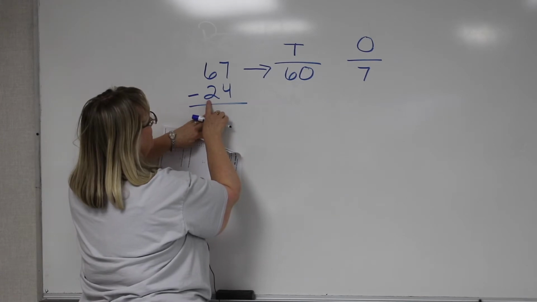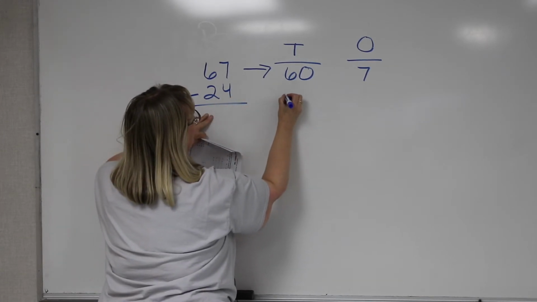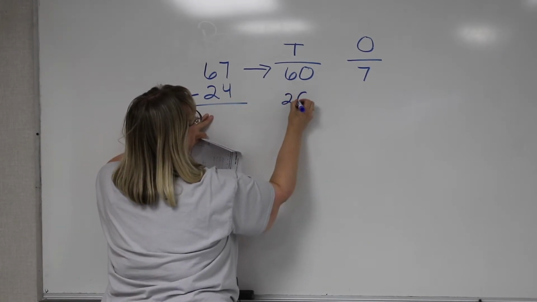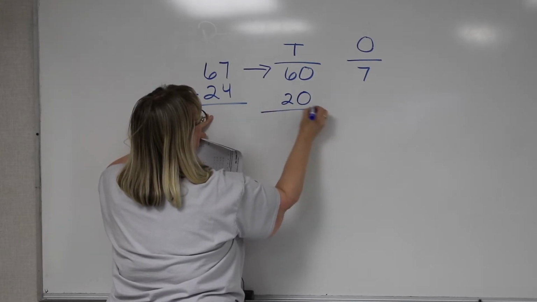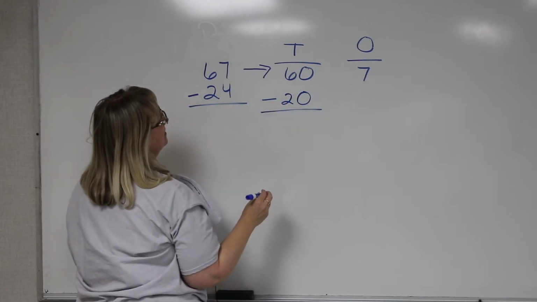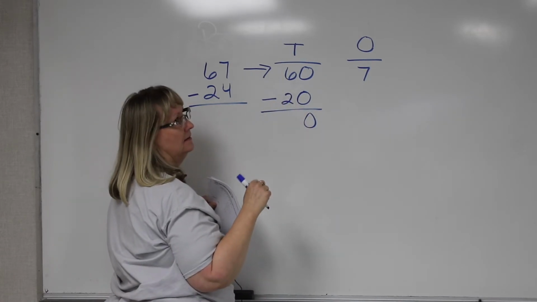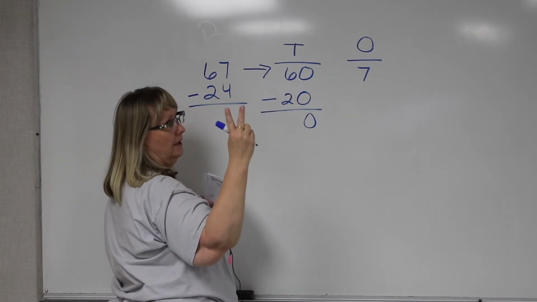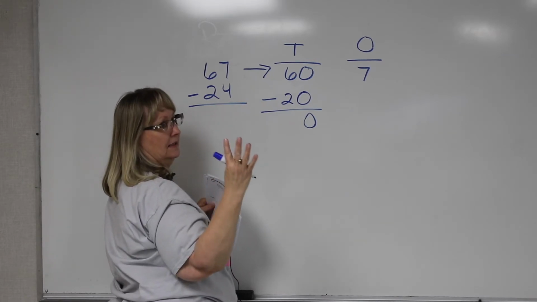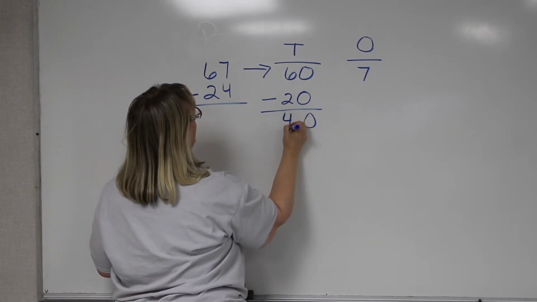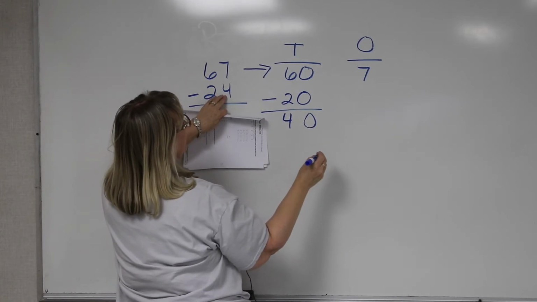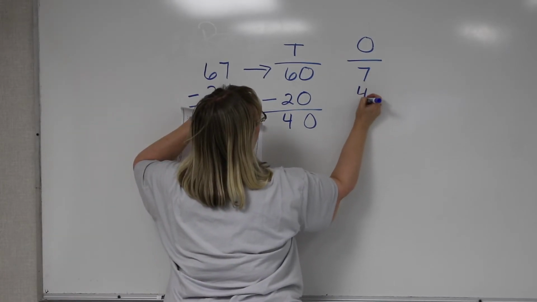So how many tens are in 24? We have 2, which its value is 20. All right, and then we could just subtract those. 6 minus 2 is, remember, 2, 3, 4, 5, 6 is 4. So that gives us 40. And then how many ones do we have in 24? We have 4.